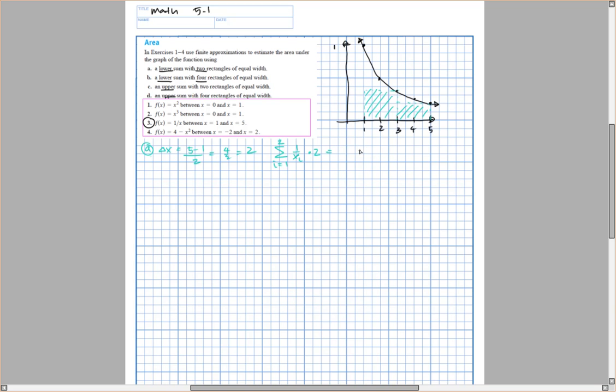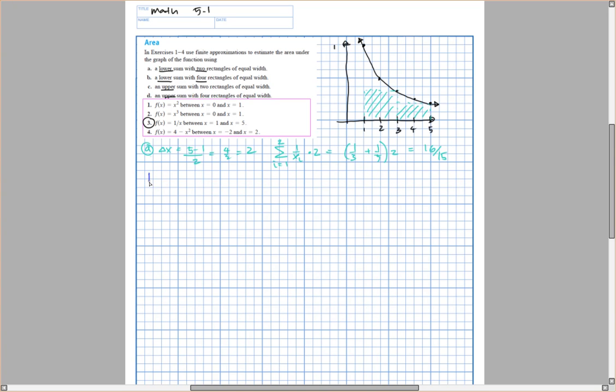So we really just get 1/3 plus 1/5 times 2, which is, we do the common denominator here, 5 plus 3 all over 15. It's 8 over 15 times 2, which is 16 all over 15. So the area is just slightly above 1. Okay. Let's do another one.